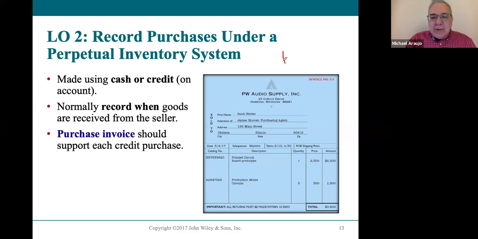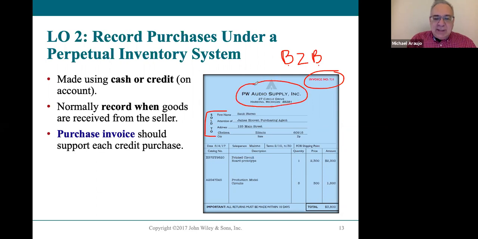All right, so like I was mentioning, we're going to be focusing on a business-to-business transaction, right? One business selling merchandise to another business. It's very important that you understand how to read an invoice to understand all of this. Because on an invoice, you know that there is a buyer and there is a seller.